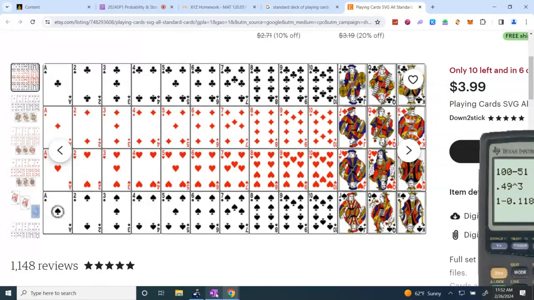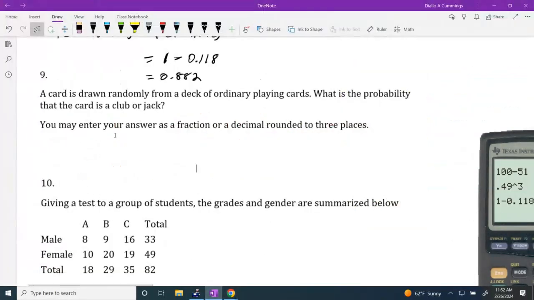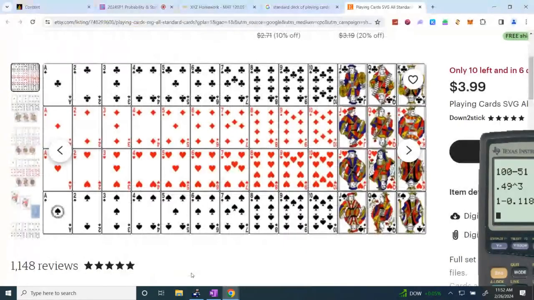Our question says, what's the probability that the card is a club or a jack? Right. So if I go back to the playing cards, how many clubs do we have? Should be 13. How many jacks do we have? 4. But there's a jack that's a club.